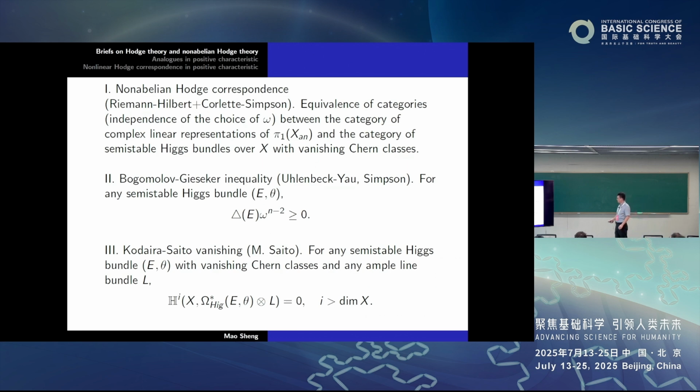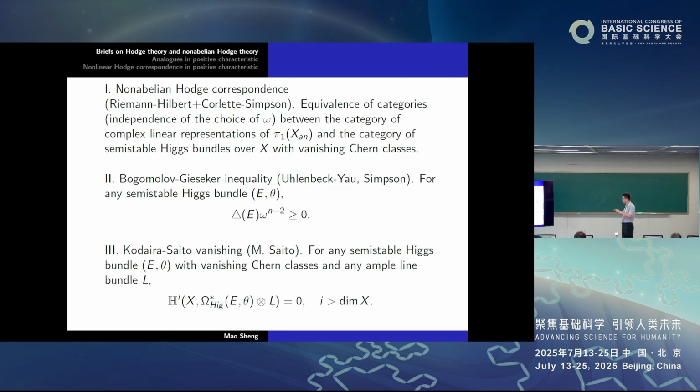Okay, so one of the beautiful things out of this deep analysis is the so-called non-abelian Hodge correspondence, or non-abelian Hodge theorem. This is really a combination of Lima-Hilbert plus Corlette-Simpson.